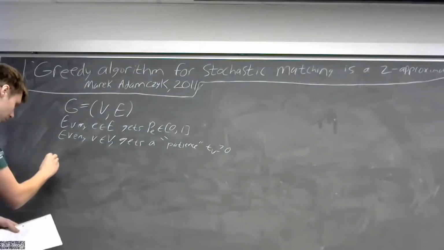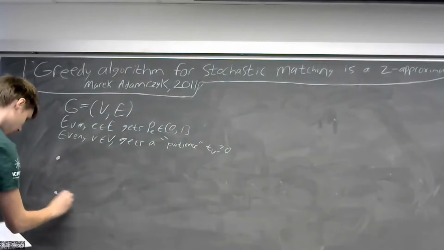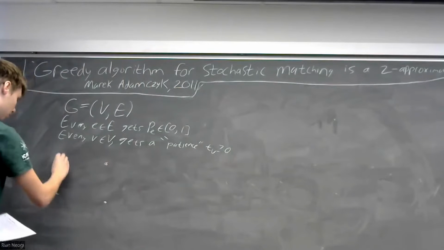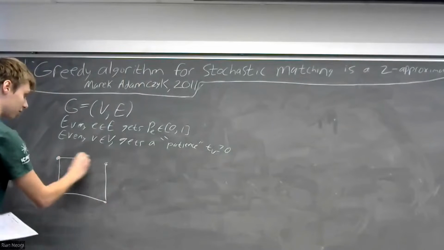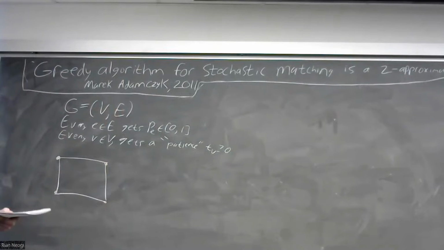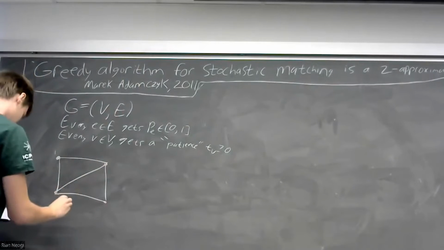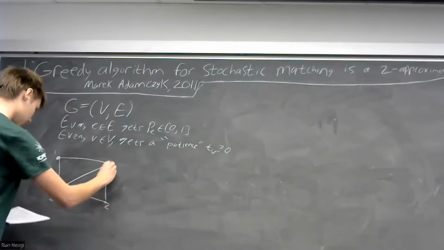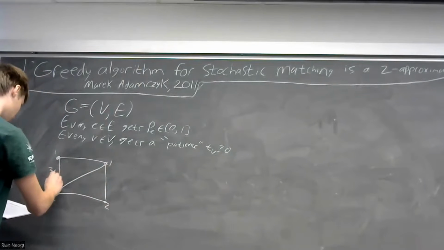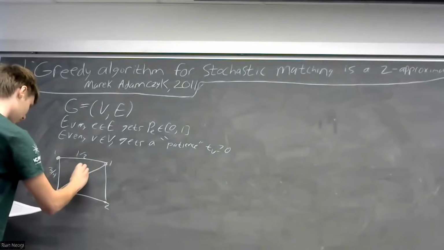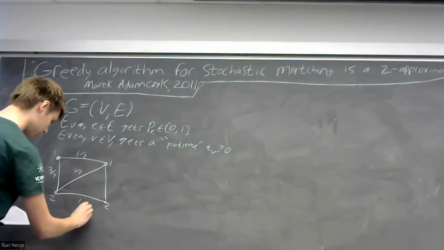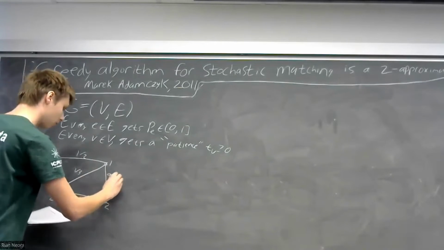So we can give an example. We have a graph like this. So note the graph doesn't have to be bipartite. It's just any graph. So each vertex gets a patience value, and each edge gets a probability.